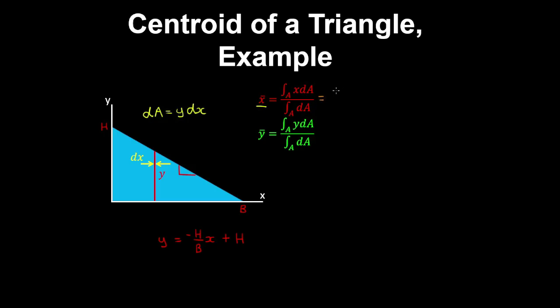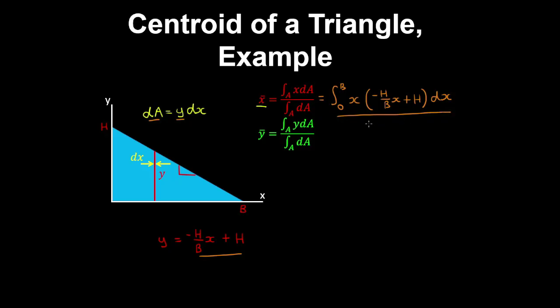So therefore we can rewrite this integral as an integral from 0 to b, and we have x multiplied by dA. So that will be y, which is this term, which is minus h on b by x, plus h, and we integrate over x.